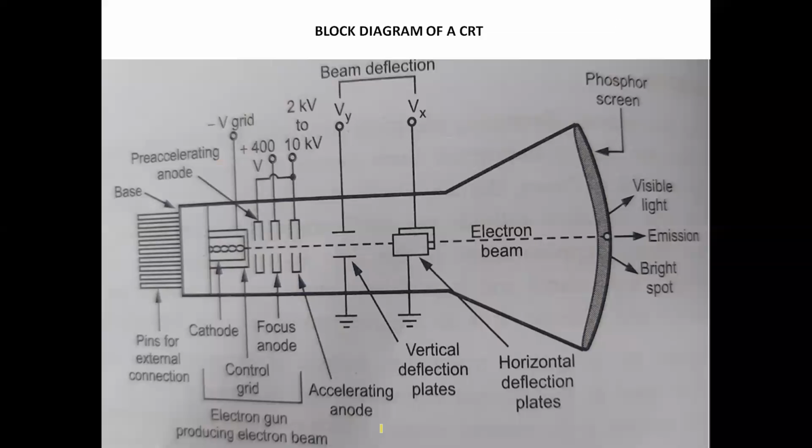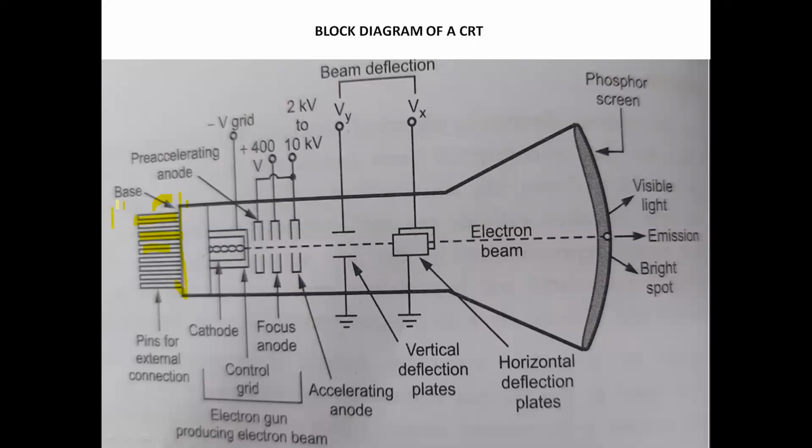Okay, so this is the block diagram of the CRT. So we will go section by section. This is the first one, the base. These are the pins for external connection.